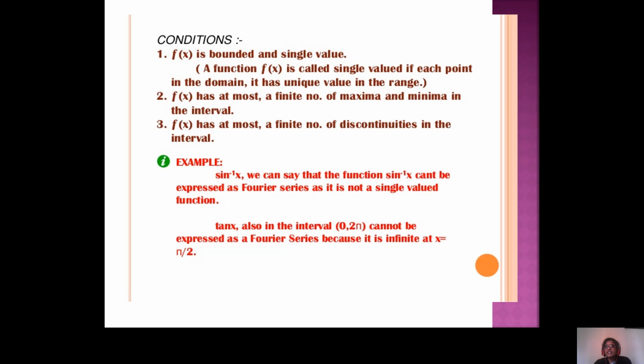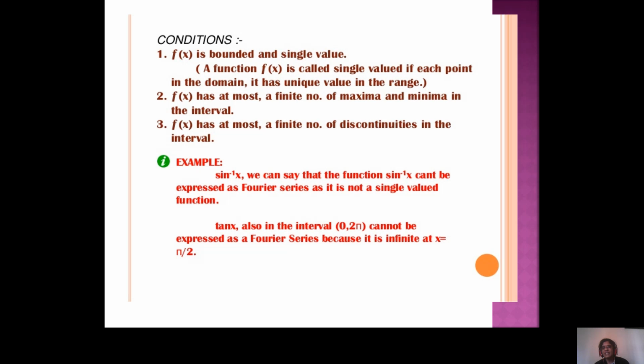If f of x is bounded and single valued, a function f of x is called single valued if each point in the domain has a unique value in the range.